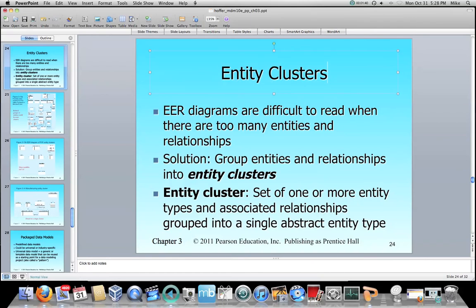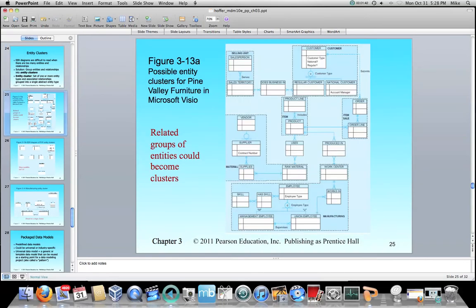If we look at slide 25, you can see that this is a fairly complicated Pine Valley Furniture entity diagram from Microsoft Visio. Instead of leaving it like this, maybe there are entities we can cluster together.